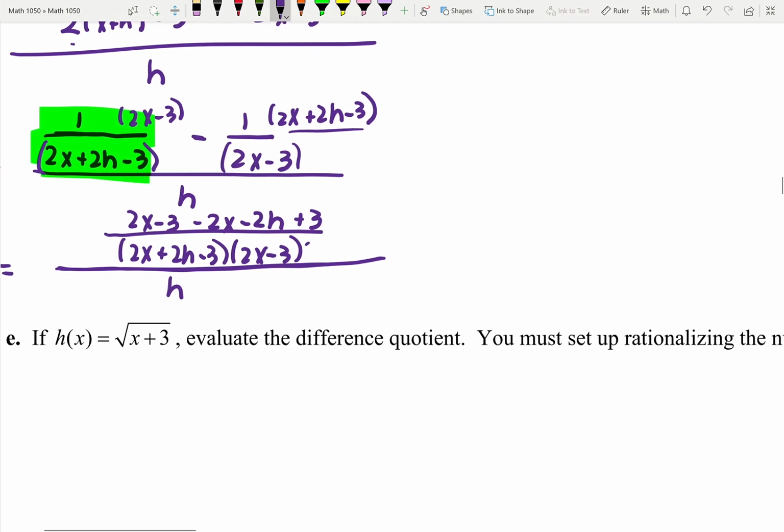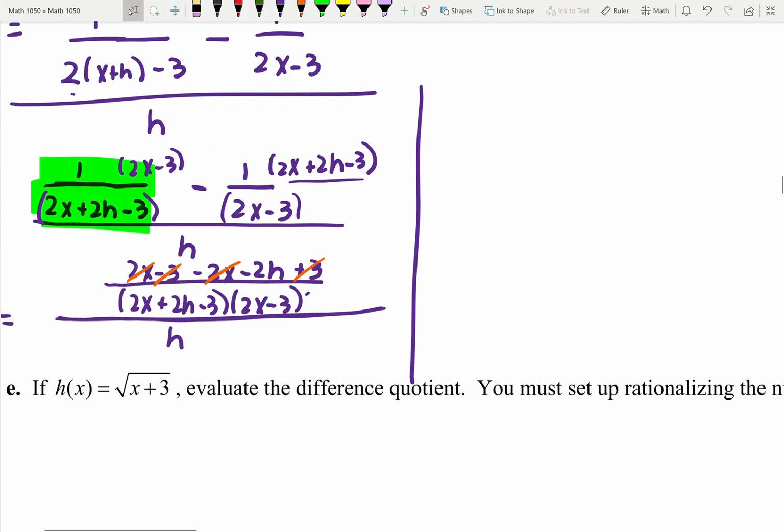Okay? Now, I'm going to clean this up right here before I start flipping things around and making them divide. I'm going to simplify. Look at the top here. 2x minus 2x cancel. Negative 3 plus 3 cancel. So it actually ended up not as horrible as we thought, right? So now what I have is negative 2h over 2x plus 2h minus 3 multiplied by 2x minus 3.